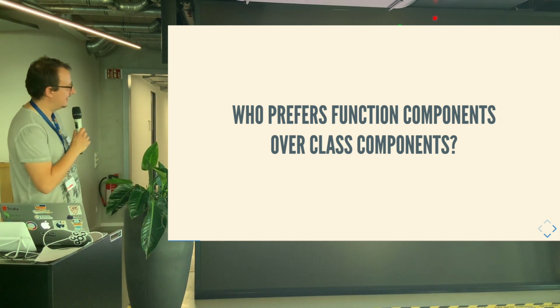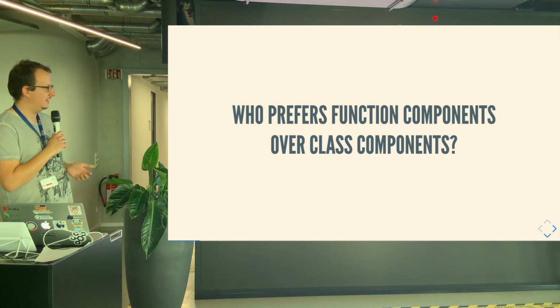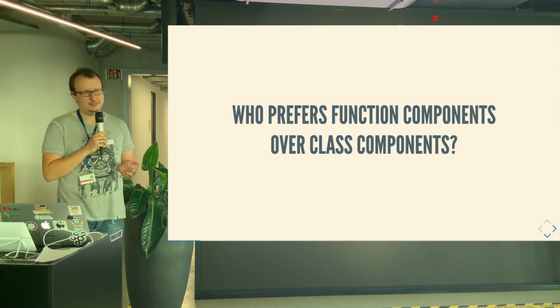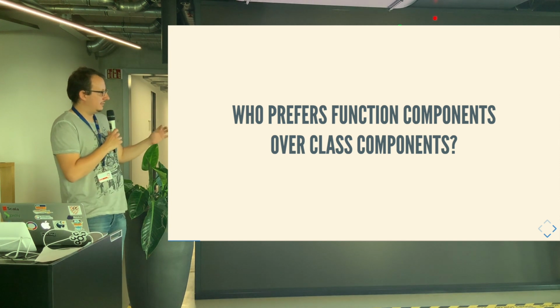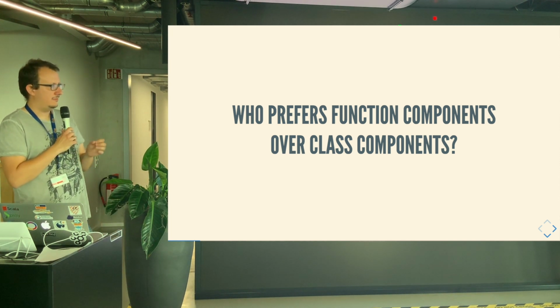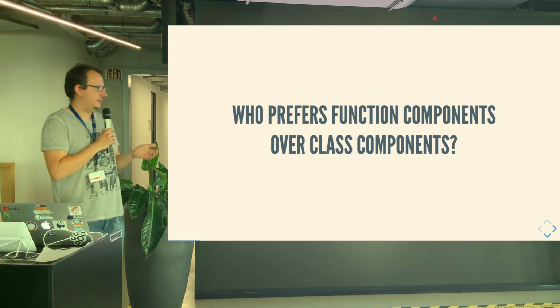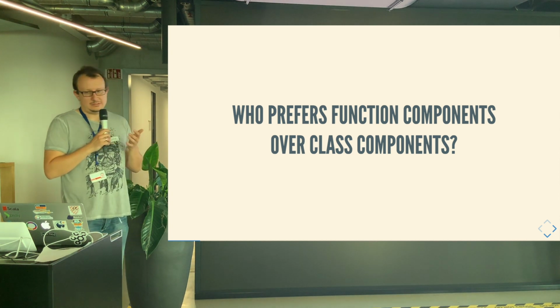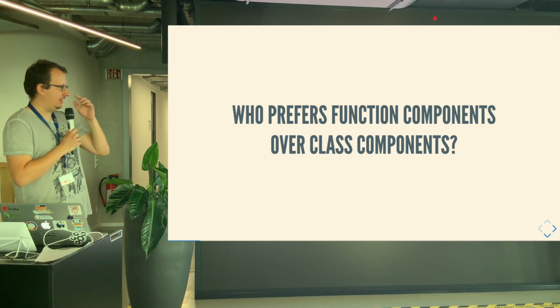Very cool. So, in my point of view, function components are actually easier to understand than class components, because a function component is a function which returns some UI. With classes, you have to deal with stuff like this binding in event handlers.